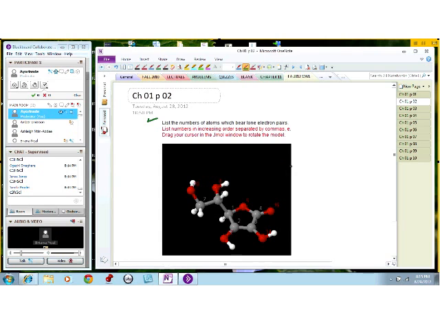List the numbers of atoms which bear lone electron pairs. Okay, that's good enough. Thank you. What they want us to do here is to list the number of atoms. In other words, identify the atoms in this molecule that have what we call lone pairs of electrons, or sometimes we refer to as non-bonding electron pairs.